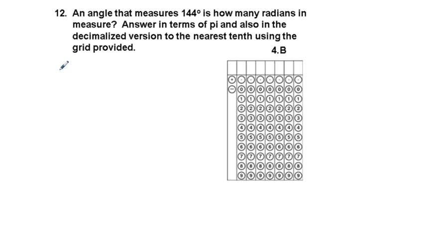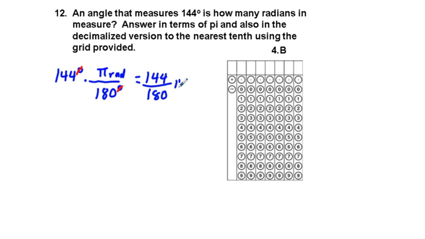Well, what we have is 144 degrees, and to convert into radians, we're going to multiply by pi radians over 180 degrees. And so the degrees over degrees cancel, and what we're going to have left is, in terms of pi, 144 over 180 pi radians.